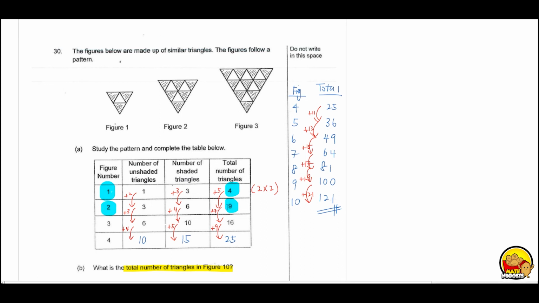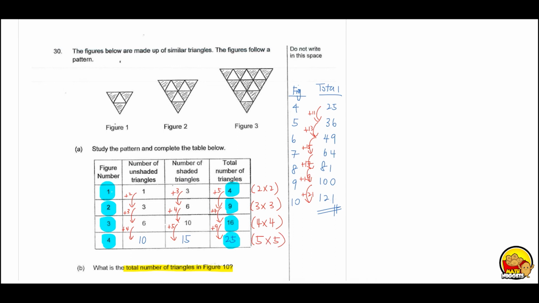The total triangles is 9. 9 is 3 times 3. Figure number 3, the total triangles is 16, which is 4 times 4. Do you see where this is going? Figure number 4, the total triangles is 25, and this is 5 times 5.